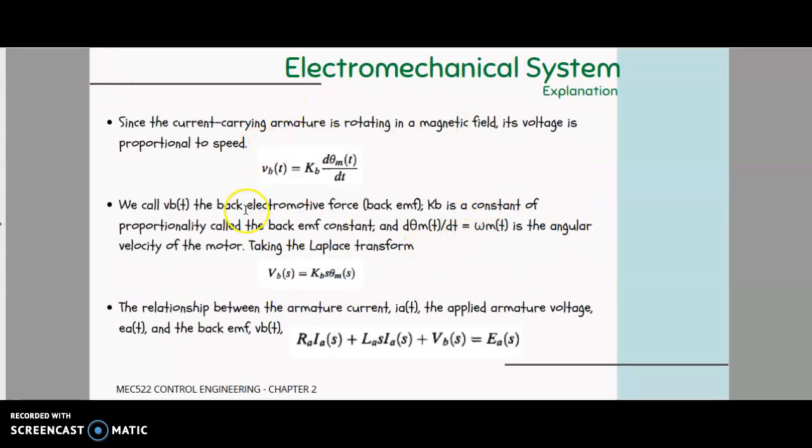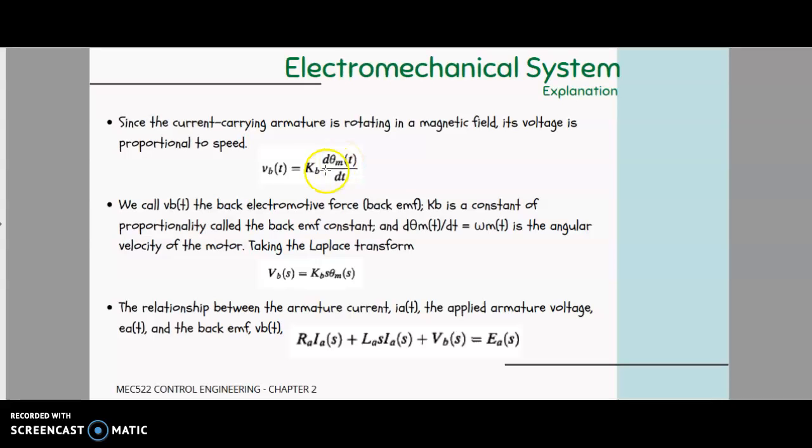Okay, this is the explanation of how we get the mathematical equation. First we solve the equation in terms of electrical. So first we must know the relationship between voltage, where VB is the voltage at the motor, and this one is the displacement output.